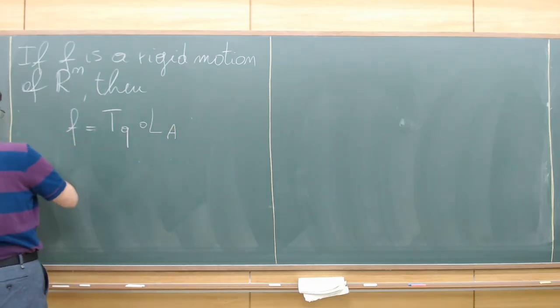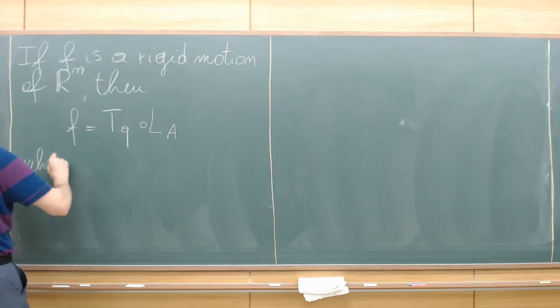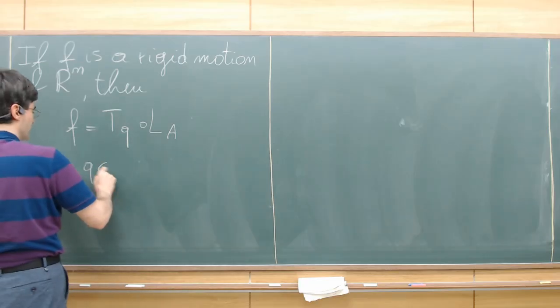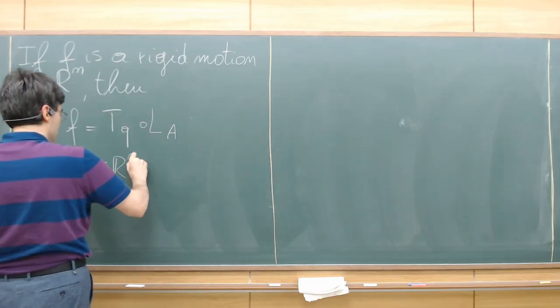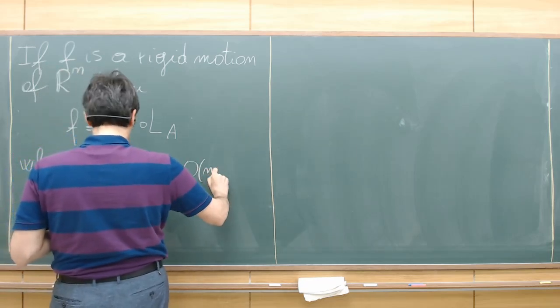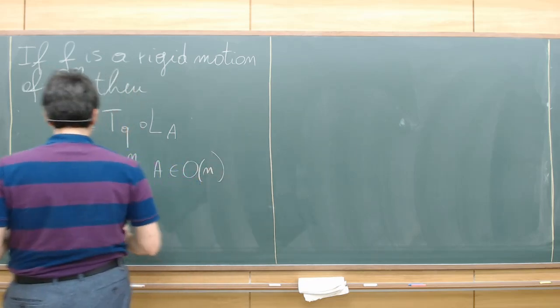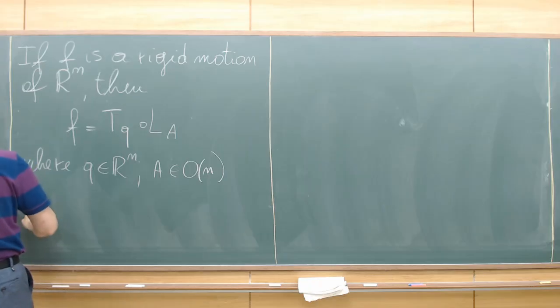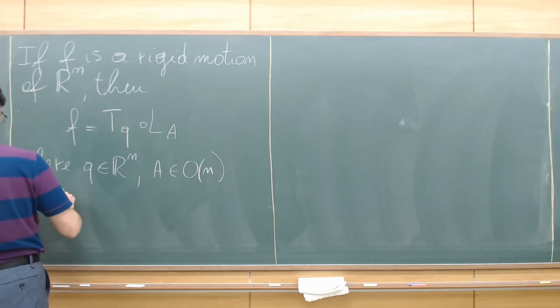So F = P_Q composed with L_A, where Q is in Rn and A is in On. And we also proved that Q and A are unique.